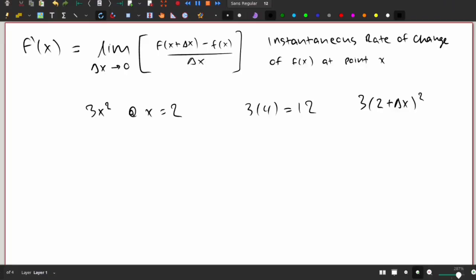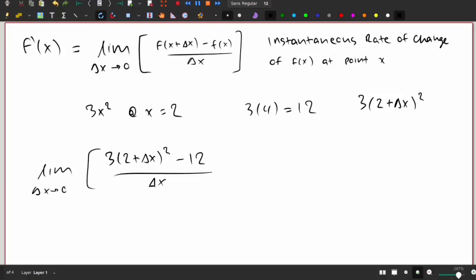And delta x, remember, because it's in the limit, we don't have a value for it, but it approaches 0. So let's write out the form. It becomes 3 times (2 plus delta x) squared minus 12, all divided by delta x. Once again, this is the limit as delta x approaches 0 of this entire thing.